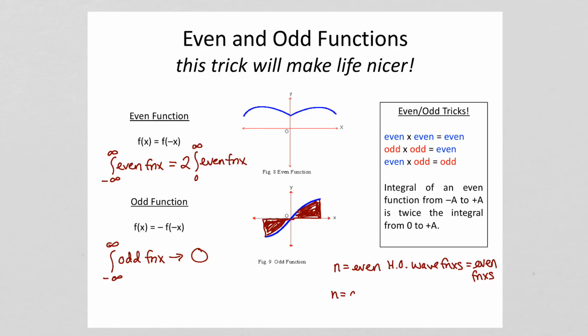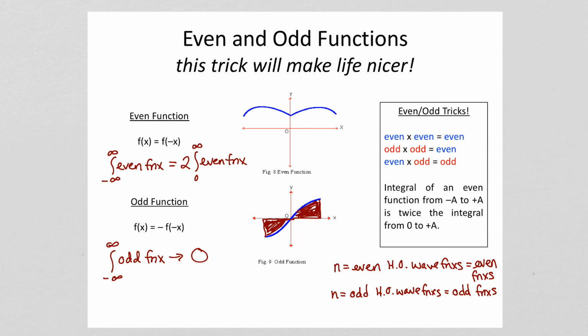And if we have odd states, so if the n's are odd for our harmonic oscillator wave functions, then they are odd functions. So those are handy relationships to remember for your homework calculations.